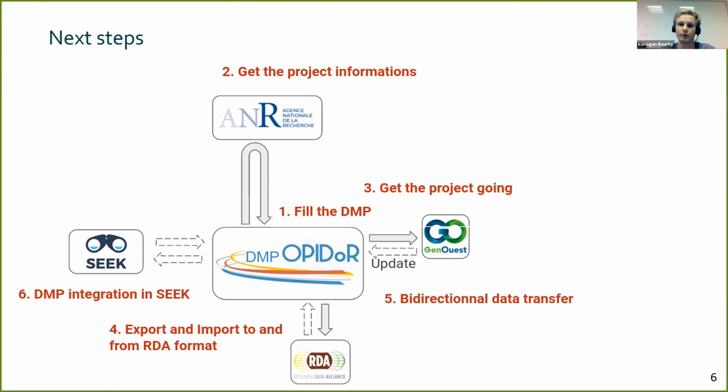For example, if more storage space is needed and if the project evolves during its life, we will be able to push that update instead of having the researcher go back to his DMP and change everything by hand. We also want to integrate DMPs in SICK. SICK is a tool to manage experiments and projects in research. And we also want to have this bidirectional data transfer.